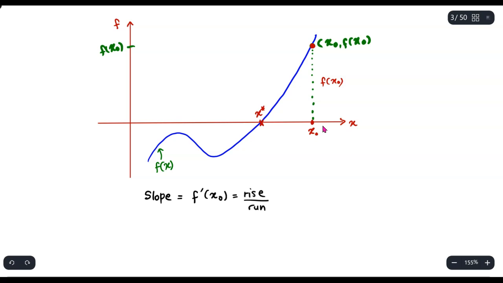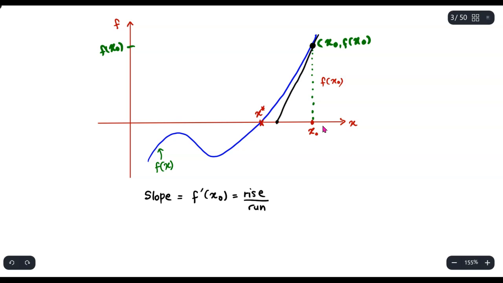Now if we draw a tangent line at this point, we have more or less something like that. Mind you, my bad sketching. Now, consider that tangent line.